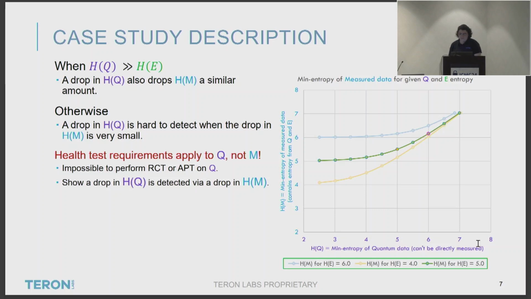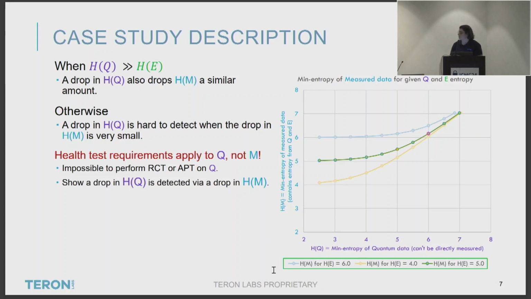I have a little graph here. We've got the min entropy of the quantum data along the x-axis at the bottom, and the min entropy of the measured data up the y-axis.